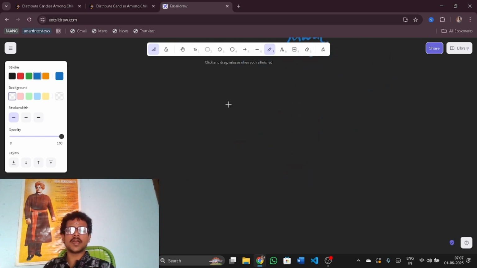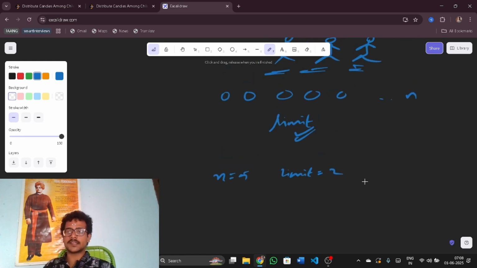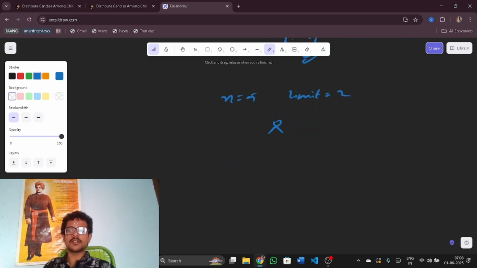Now let us look at an example where n is equal to 5 and limit is equal to 2, and the number of children is 3. Now for the first child I choose to give 0 candies. For the second child I can give 1 candy, and for the third child the remaining are just 4, right?